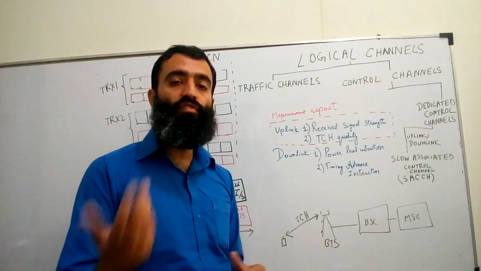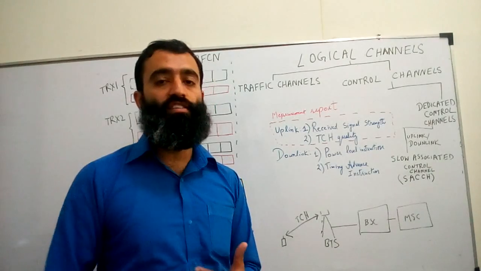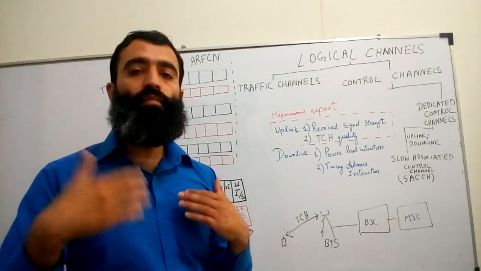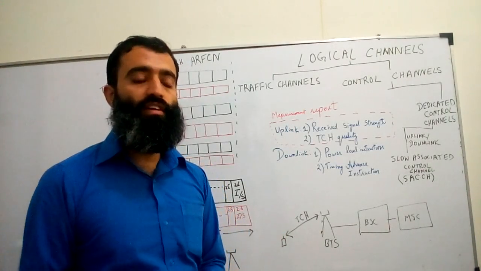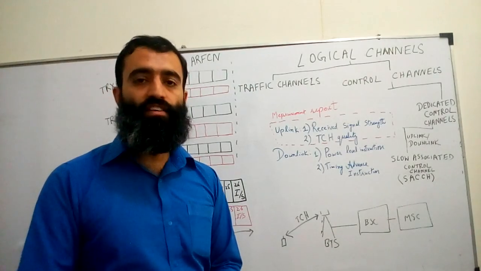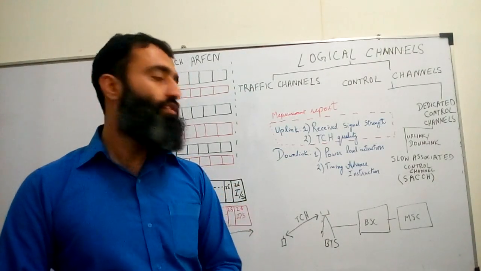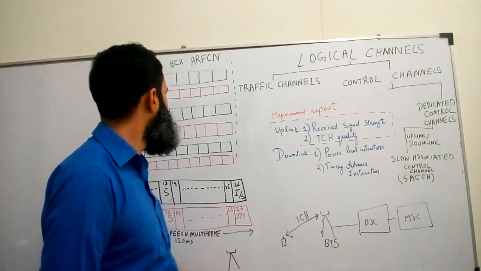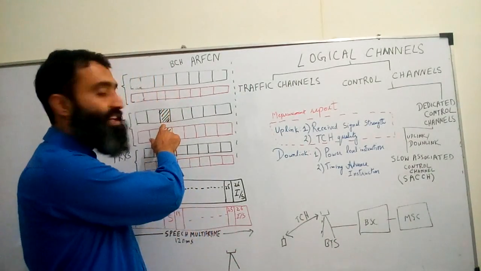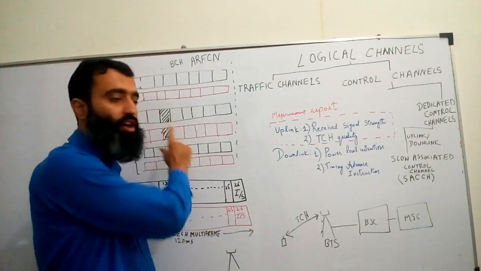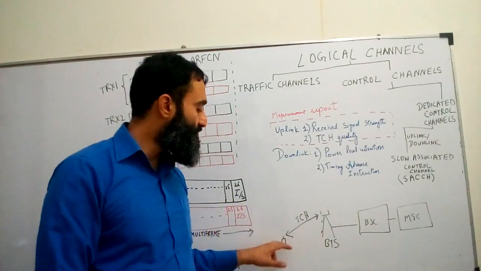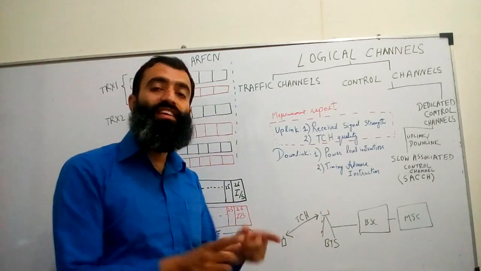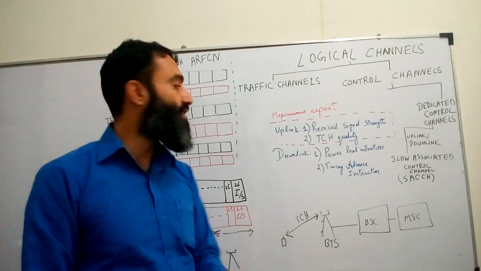Similarly, there is another piece of information known as the timing advance information. We will come to timing advance in detail in some later lecture, but the important thing to keep in mind is that, for example, a mobile station has been assigned time slot number 3. It is important that the base station receives the communication of this mobile in this particular time slot.